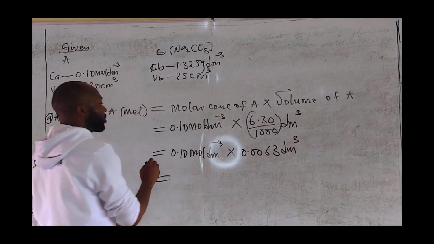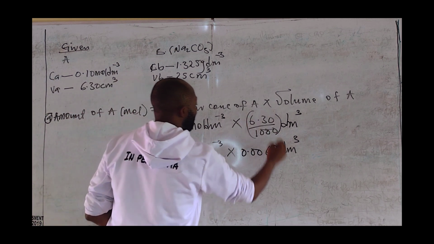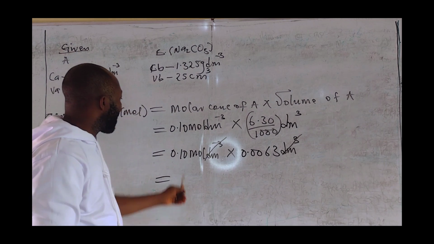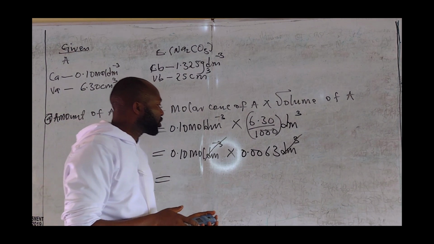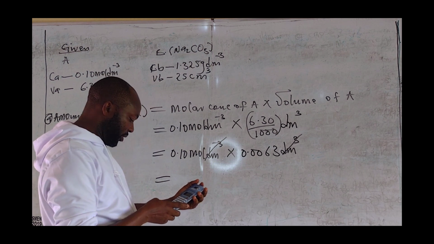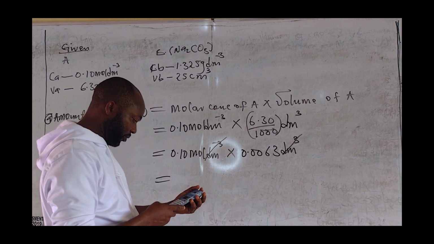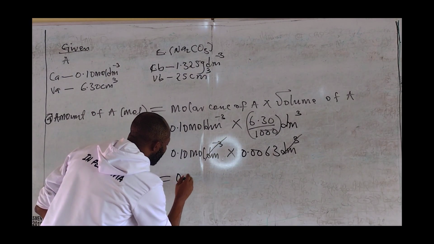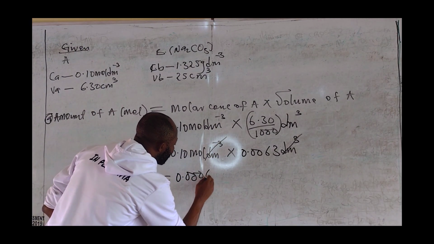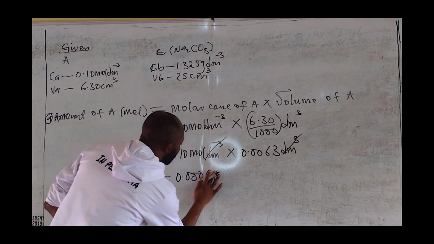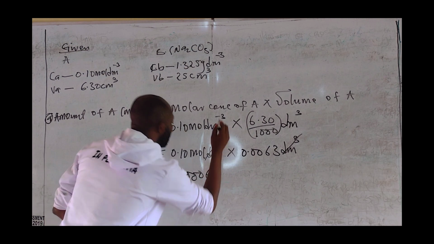So the dm cube will take care of this dm cube, and what is left is mole. So I multiply 0.10 times 0.0063. I have 0.00063. Am I right? Yes. 63, sorry. Mole.